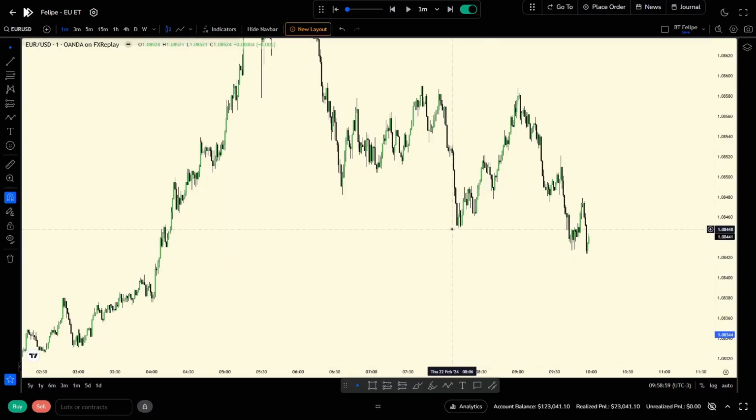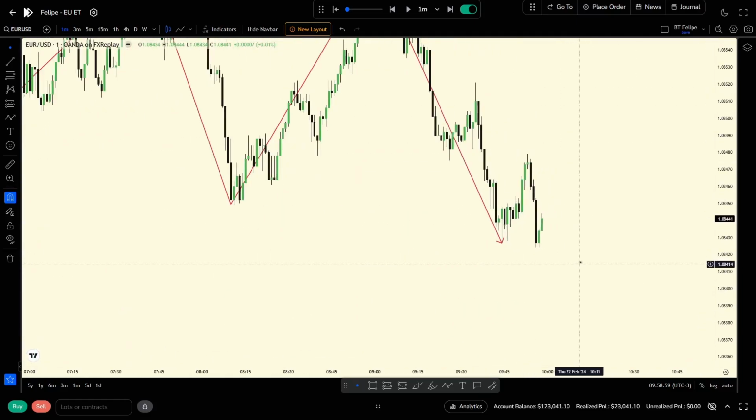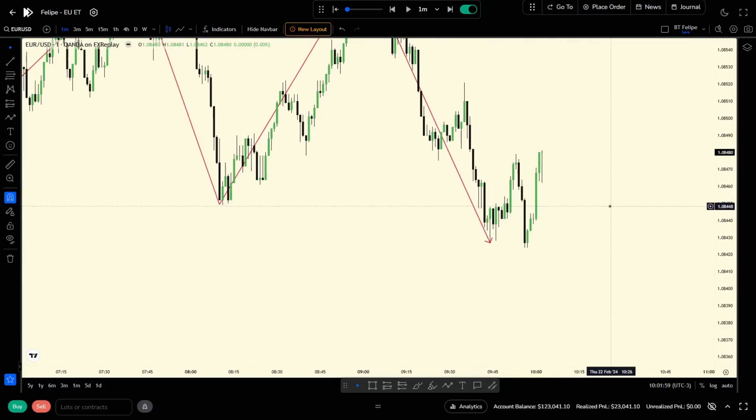The only problem is that we just took this, so we can retrace more in this leg. This retracement was very deep. The same thing can happen here. Yeah, I'll skip this one.